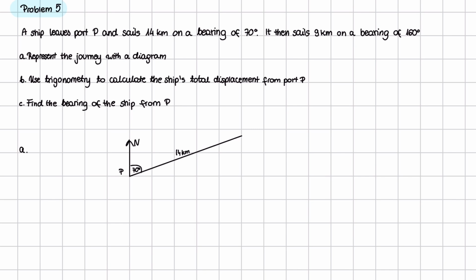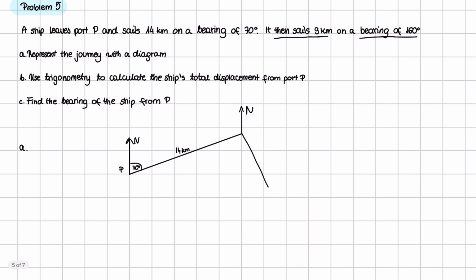Now we are at this point, so once again we have to draw our north direction, and then for the next bearing we have the information that it then sails 9 kilometers on a bearing of 160 degrees. Directly to the south is 180 degrees, so maybe like this more or less, and here we have 160 degrees, and here 9 kilometers.